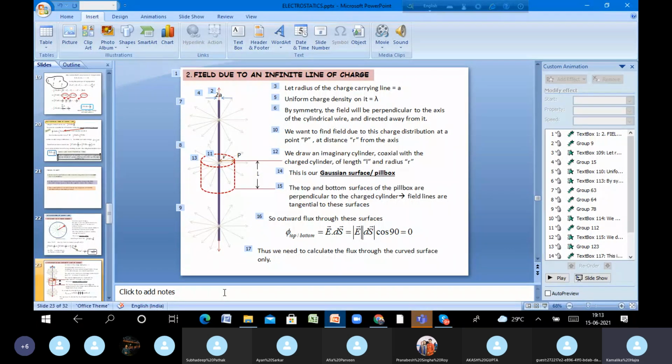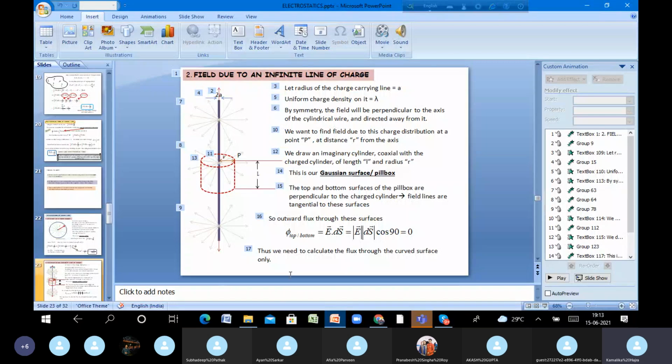Since the diameter of this wire is very small compared to its length, we can imagine that it is so long that we call it infinitely long. Of course, you cannot practically have a wire that is infinitely long, but if its length is very large compared to its diameter, then in mathematical terms we say that it is infinitely long.